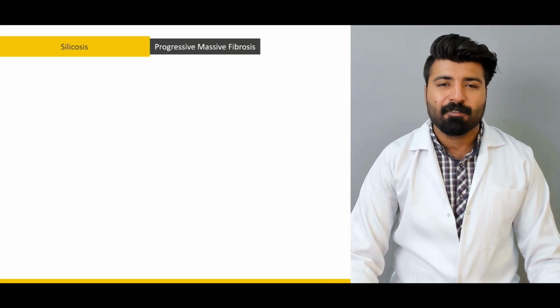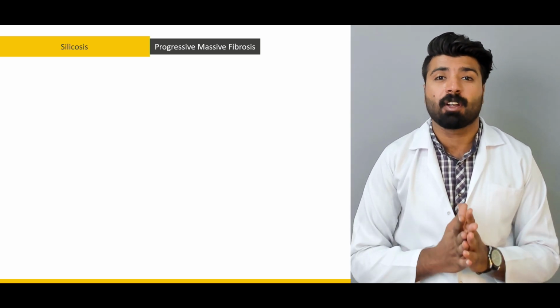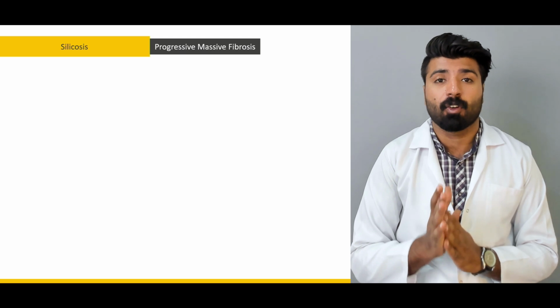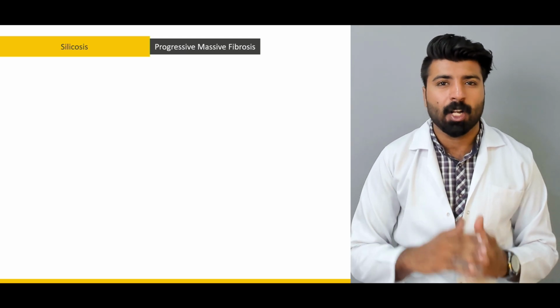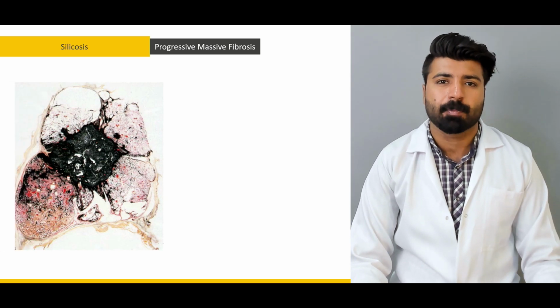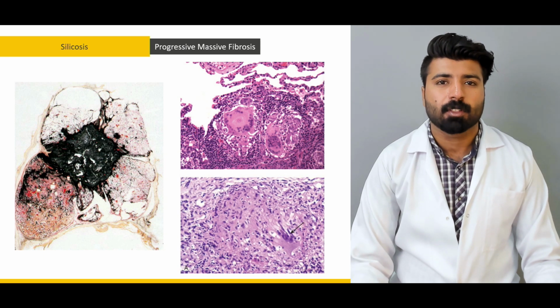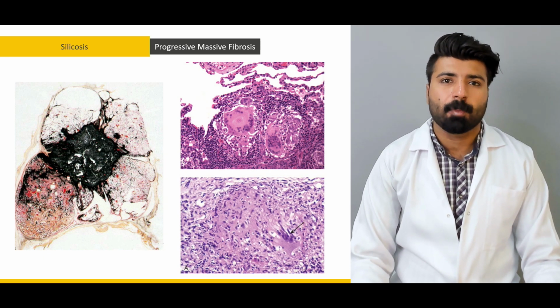Then comes progressive massive fibrosis. When a person has been subjected to enough silica for a long time, there's no turning back. All you can treat is the symptoms. Progressive massive fibrosis happens. Massive areas of the lungs are going to get fibrosed. Why? We talked about that.